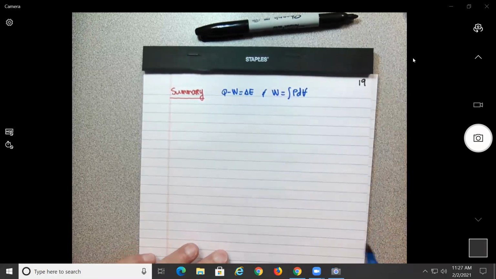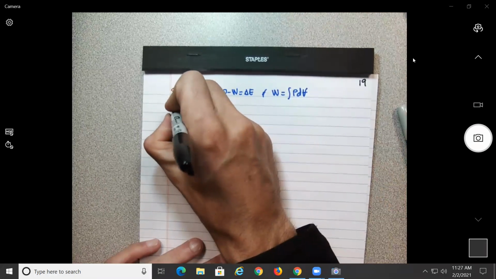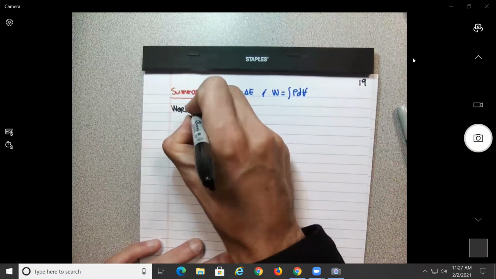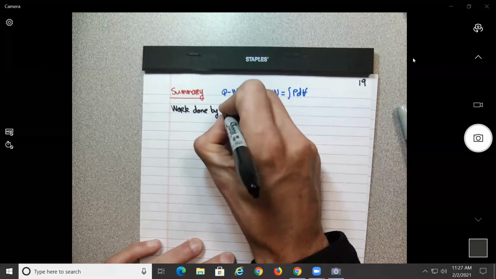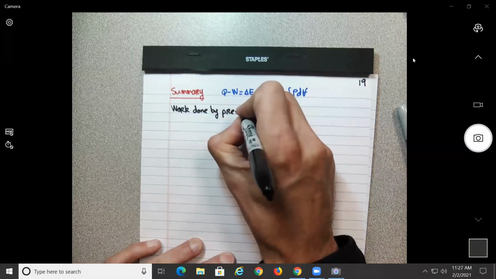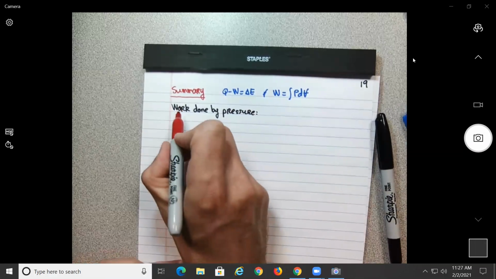All right, these are the two you need to memorize. Now, work done by pressure, we had three different cases.